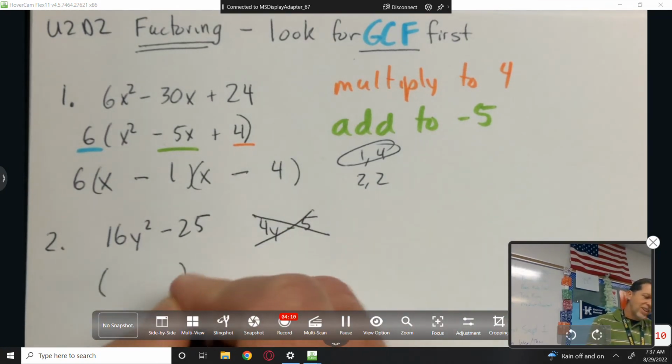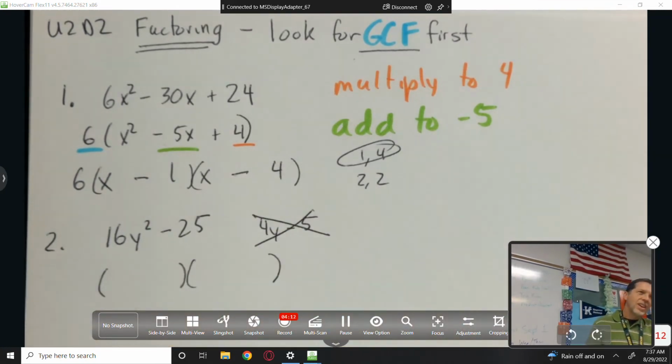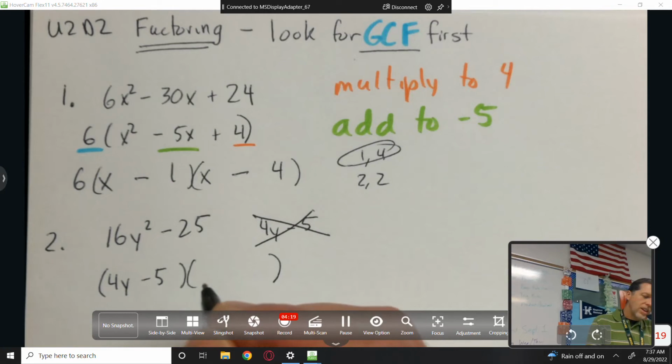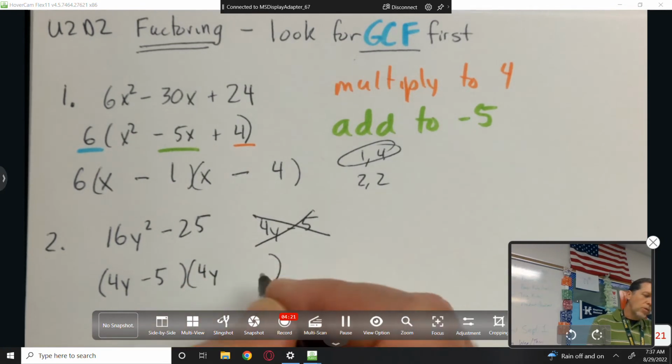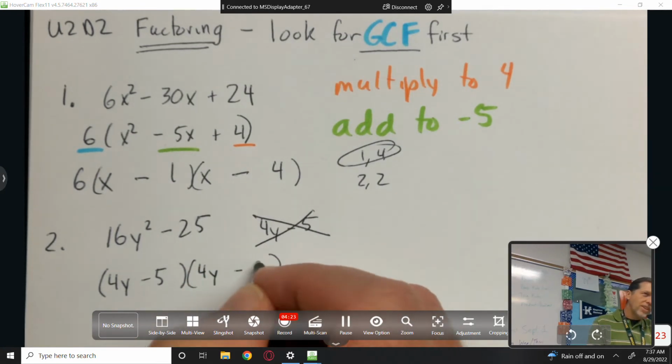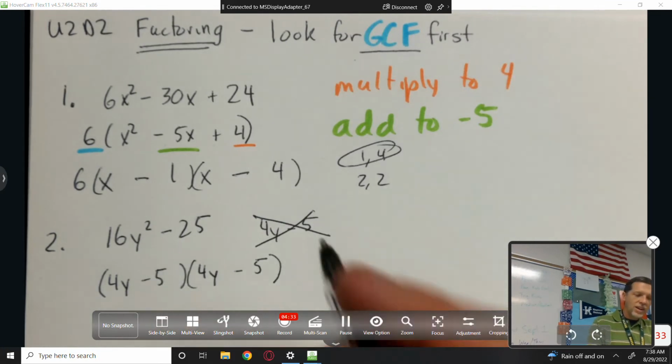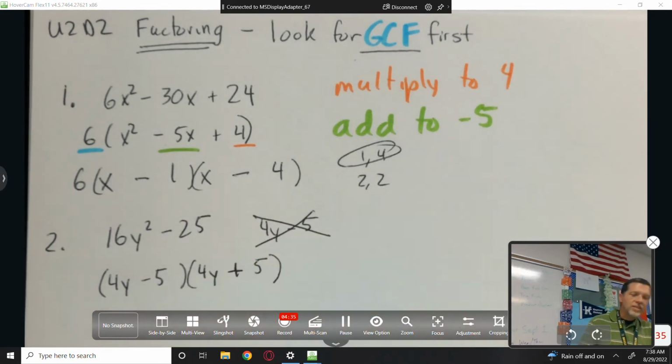You have to do it twice. Like you have to do 2 of 4y minus 5. So 4y minus 5 and 4y minus 5? Right, if you did this, then you'd end up with a plus 25 here. So you're on the right track. Yes, you do the plus, but a plus and a minus.